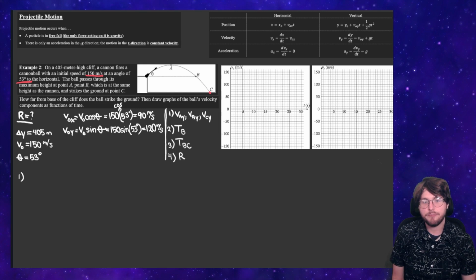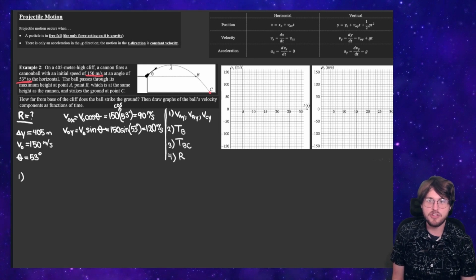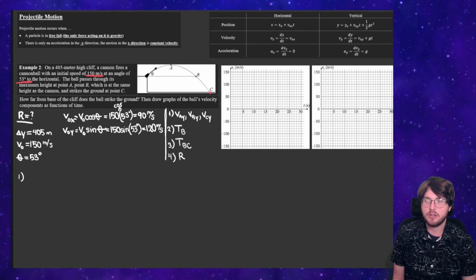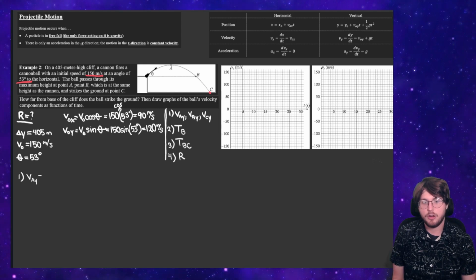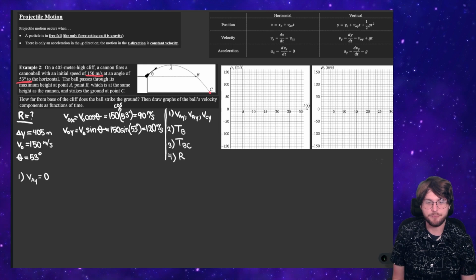For step 1, let's see if we have any really trivial velocities here. So first off, we have velocity A, which we know is going to be, well, at least as far as velocity Y is concerned, it's going to be 0 there due to a nice little concept in our toolbox.